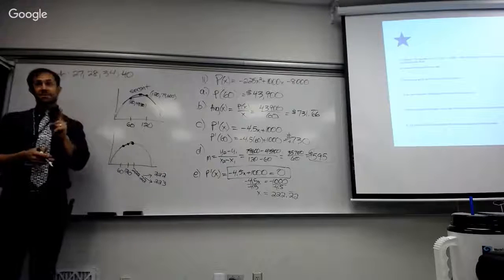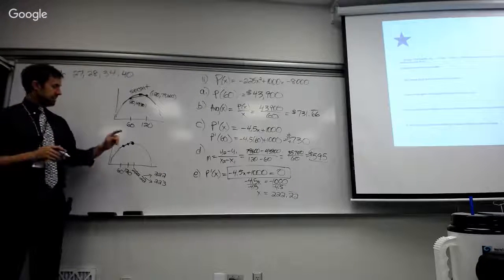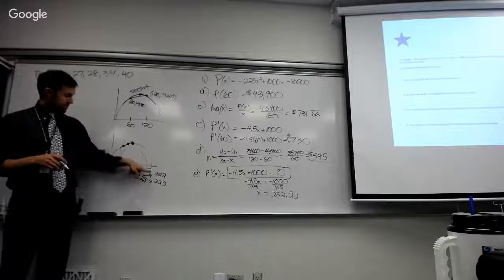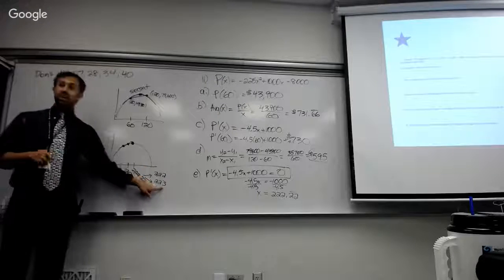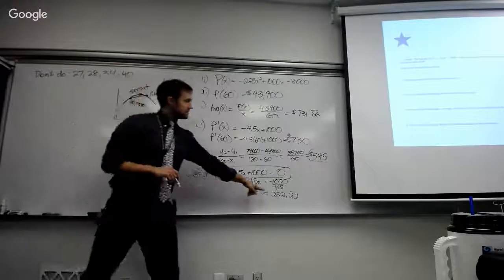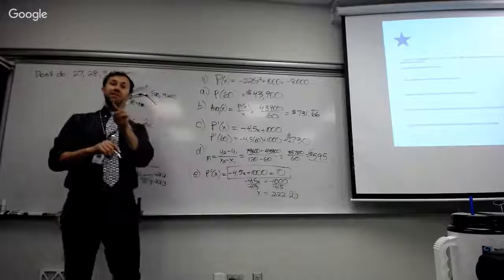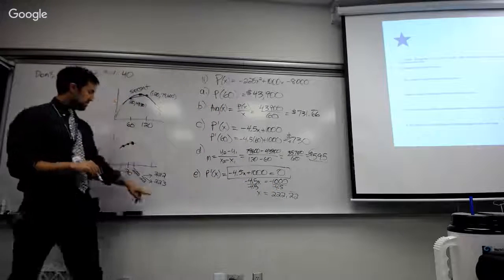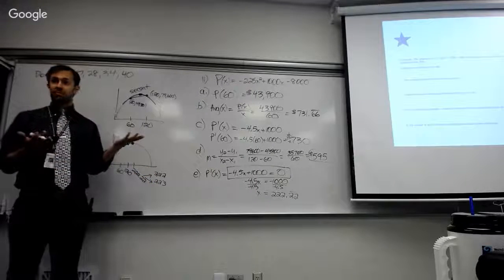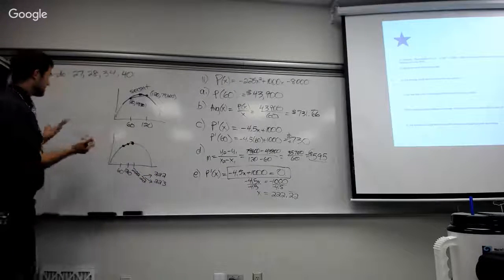And one time in particular, I remember when making the answer key, I had to round the wrong way. Even though 0.2 would round down, I actually had to round up to maximize profit. So since you cannot sell 0.2 of a product, you need to check both. Plug 222 in and plug 223 in and see which one has more profit. So I'm going to go ahead and do that.